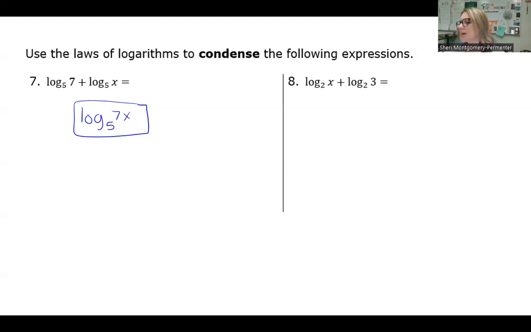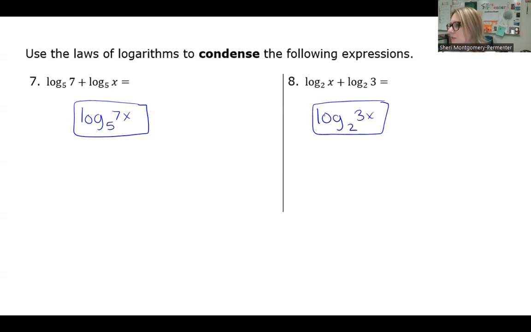For the next one, see if you can do the next one on your own. I switched the 3 and the X because we don't usually write 3 times X as X3.